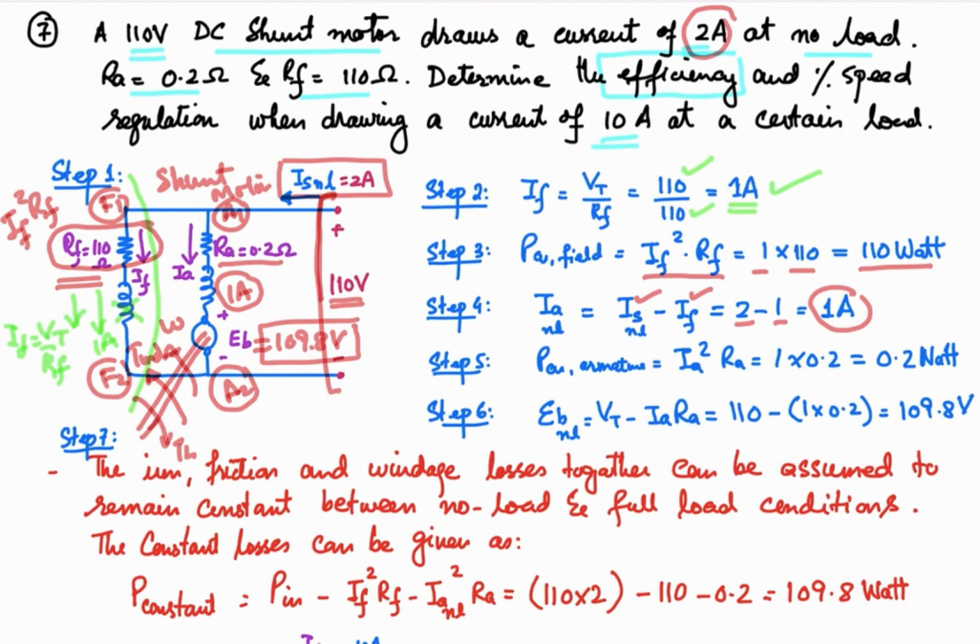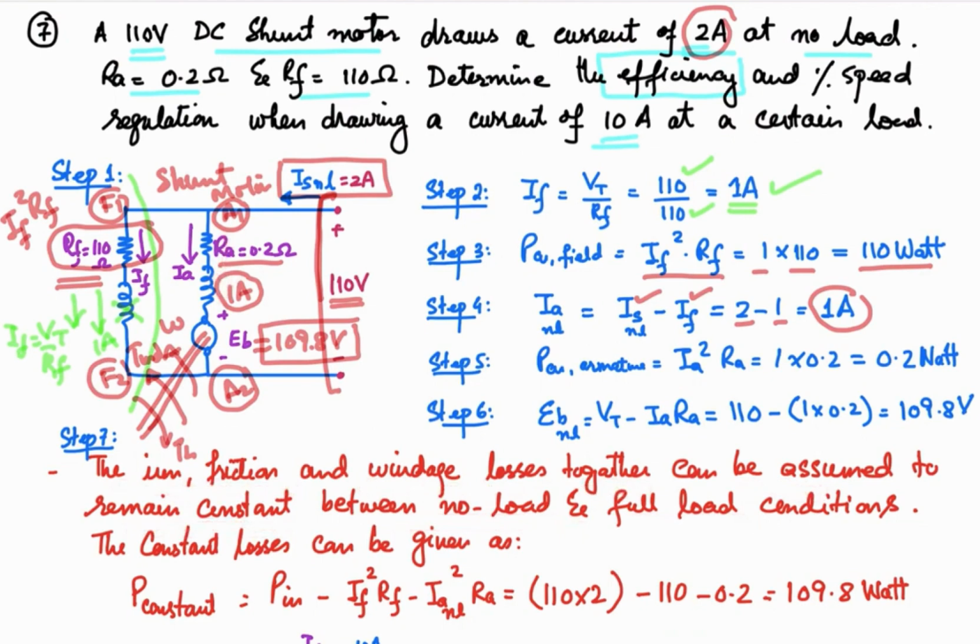So iron losses will be constant, and the mechanical losses will be constant. So iron and the frictional and the windage losses together can be assumed to remain constant between no load and the full load, because when the load is going to change, armature current is going to change, and all the other parameters are going to remain constant over here. So those will be considered constant.